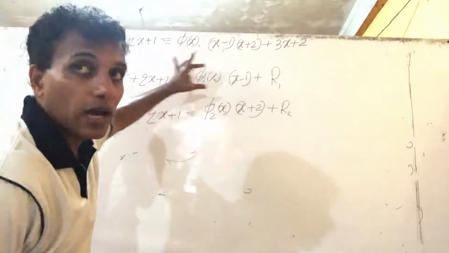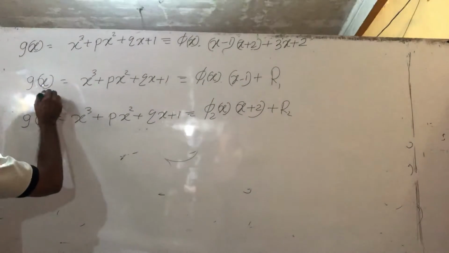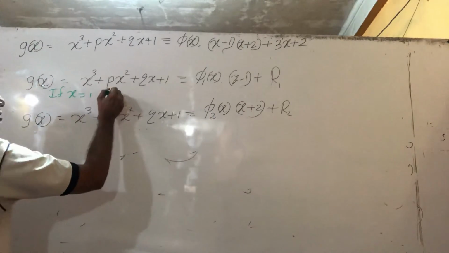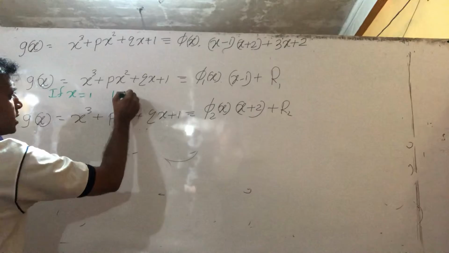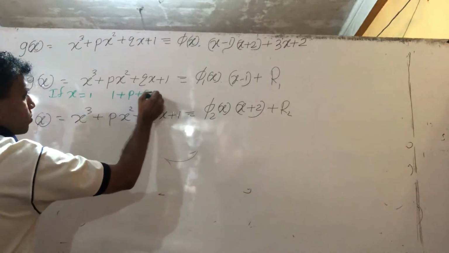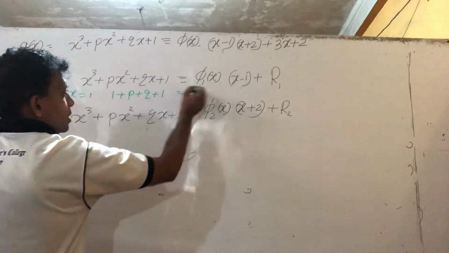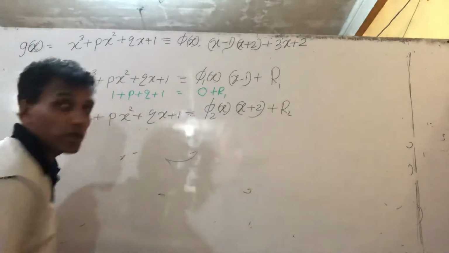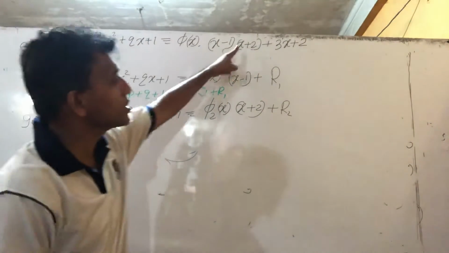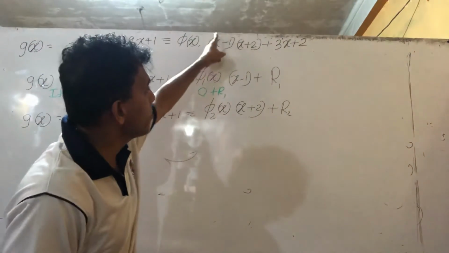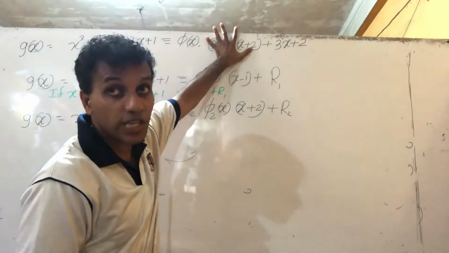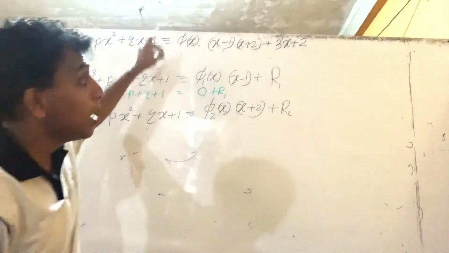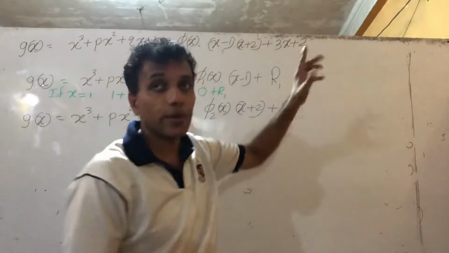So if x is 1, what is that? 1 + p + q + 1 equals 0 plus R1. If you put x = 1 here also, the same thing: 1 + p + q + 1, but here there is a value 5.